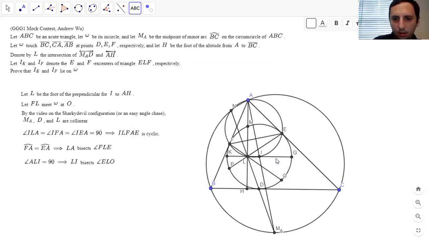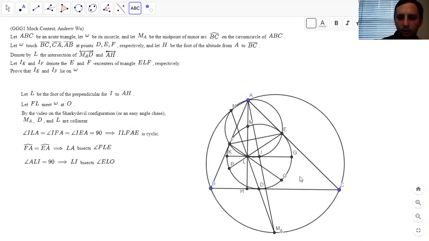And also, since IE equals IO, I guess if LI bisects ELO, and also I lies on the perpendicular bisector of EO.